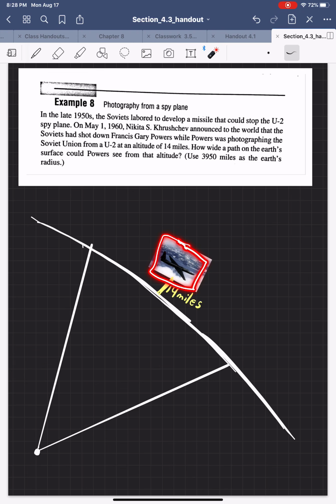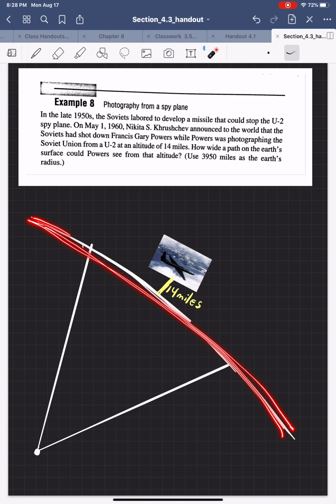From this high, how wide of a path on the Earth's surface could Powers see from that altitude? All right. So now this question assumes that you subscribe to a spherical Earth, right? So that is not as common as it once was, but you have to subscribe to some type of curvature here in order for this to make sense.